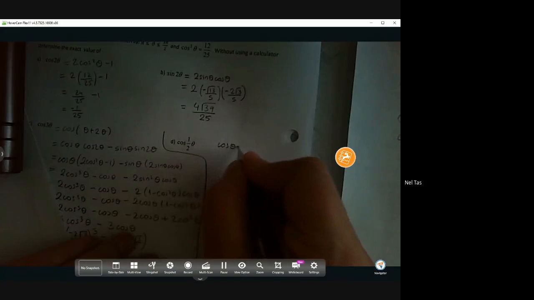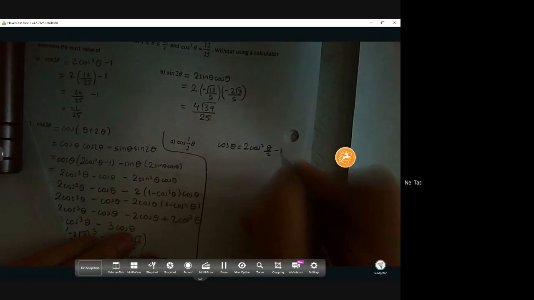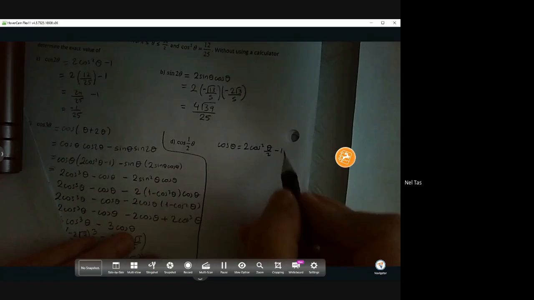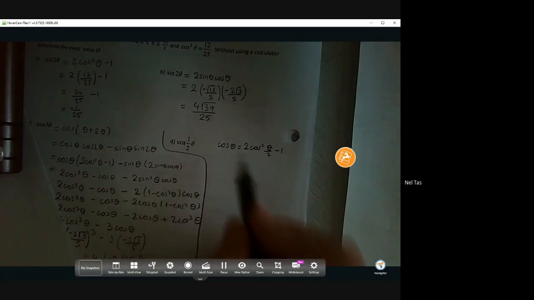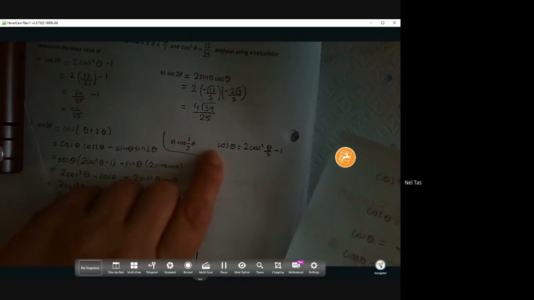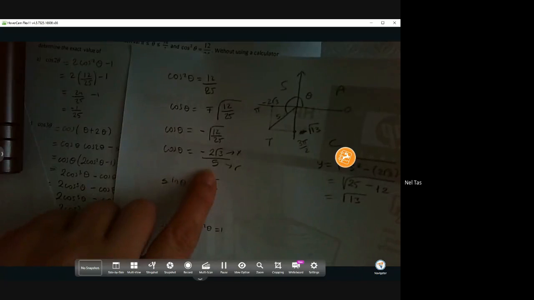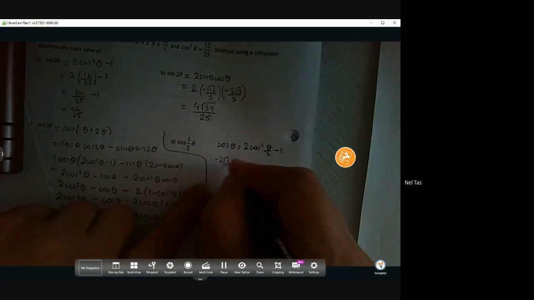So we said cos theta equals 2 cos squared theta over 2 minus 1. So I can move negative 1 to the left side, or directly you can put the cos theta value here and go from there too. You can first isolate cos theta over 2 and then substitute cos theta, or right from the beginning you can substitute cos theta and then isolate cos theta over 2. Okay, so cos theta is negative 2 root 3 over 5.